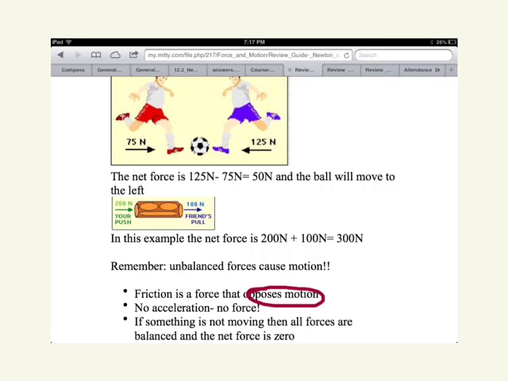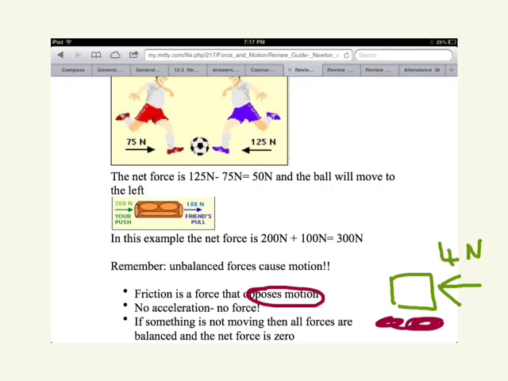For example, say we have some really bumpy ground and we place a box on the bumpy ground. And we subject that box to a force of, say, 4 newtons. So we could expect the box to move this way.